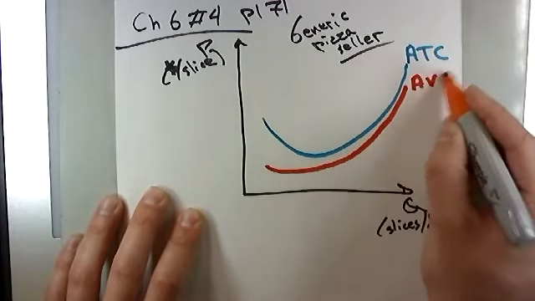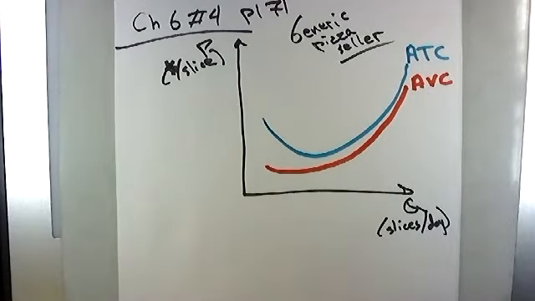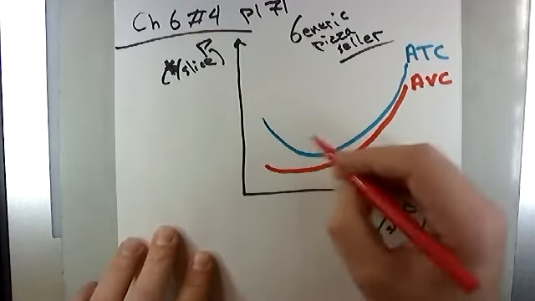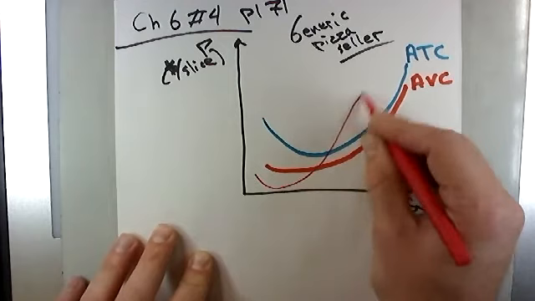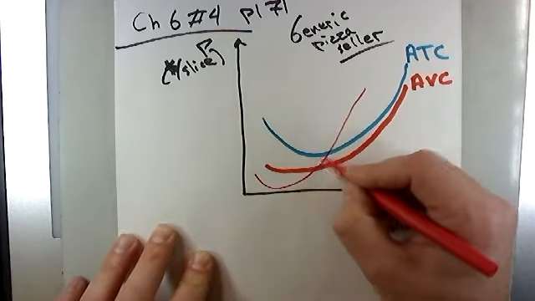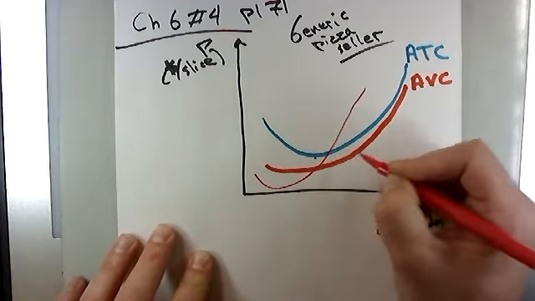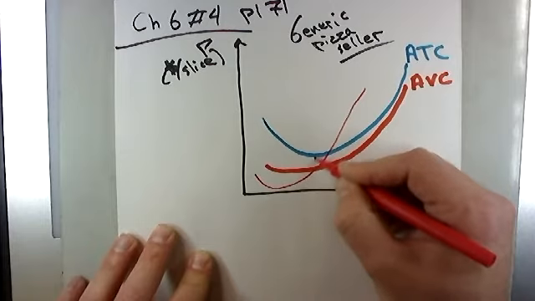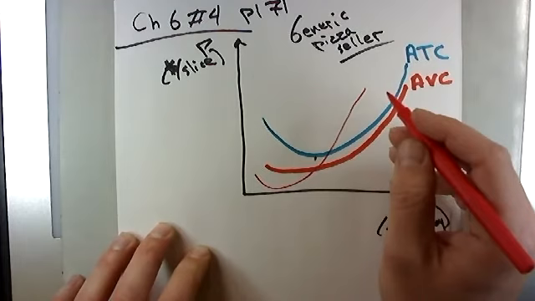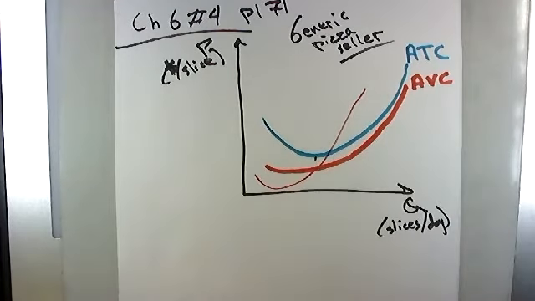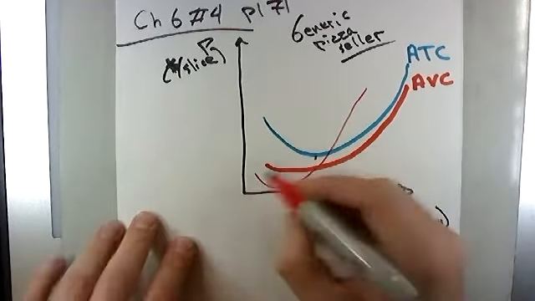I'll explain that in a second. And lastly, probably the most important curve is the marginal cost curve, which looks like a Nike check sign. And it always goes through the bottom. I did a bad job, it should have gone through right here, because that's the bottom of the average total cost curve. So I don't know how to fix that. Oh, here. We'll do this.